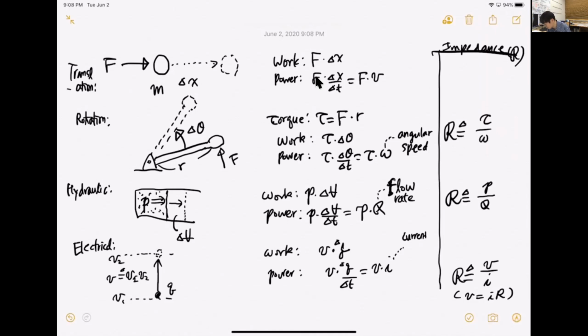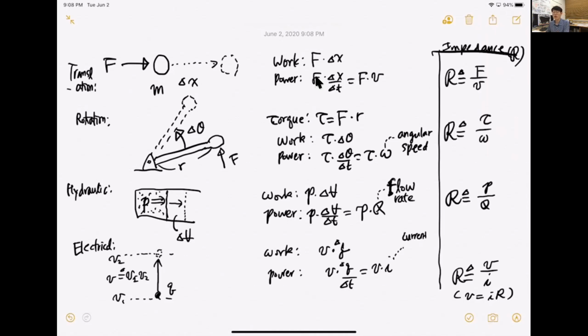And in the dynamic translational system, we can define impedance, or a kind of resistance or more like drag, as force divided by velocity. So that defines a generalized impedance, or generalized Ohm's law.